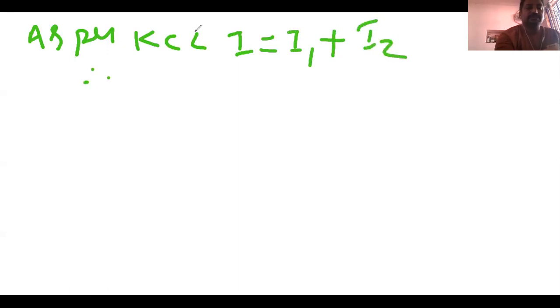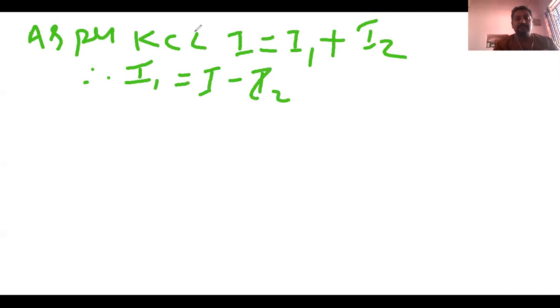Therefore, we substitute that. I1 is equal to, for example, I minus I2. Before that, we want to substitute this in equations 1 and 2.